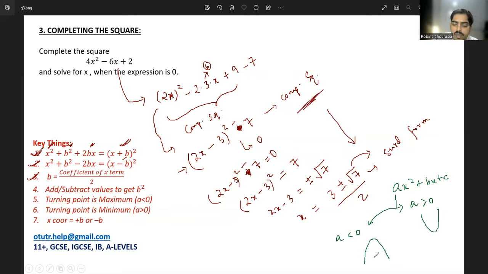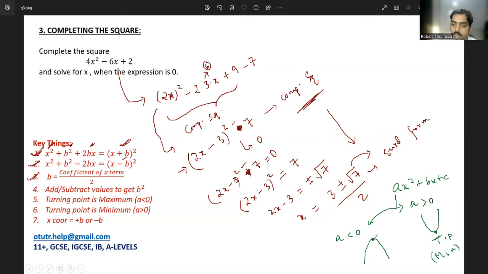Now the thing is, if you have a positive, then this point is your turning point, and this will be minimum. If you have a positive, then the turning point is at the lowest point, so it is minimum.